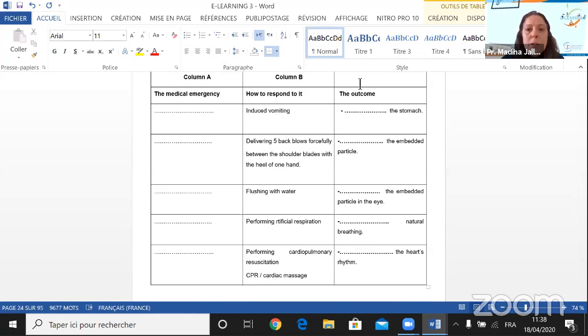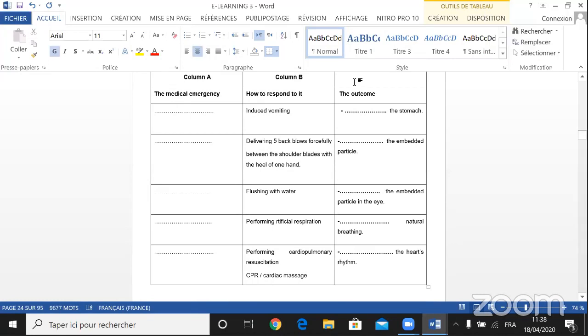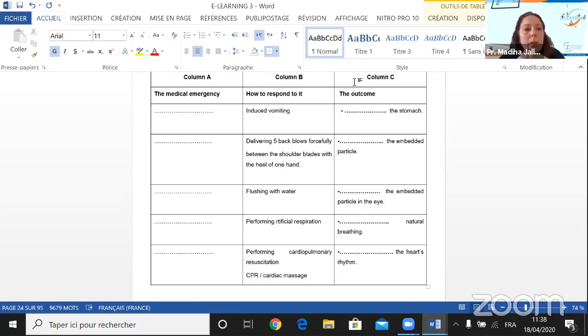Oh, this is column C, is not written. So here, column C. Okay. In column A, you have the medical emergency, which you are going to look for. In column B, you have the way you respond to it, and then the outcome, the result, when you respond this way. So what will be the outcome?